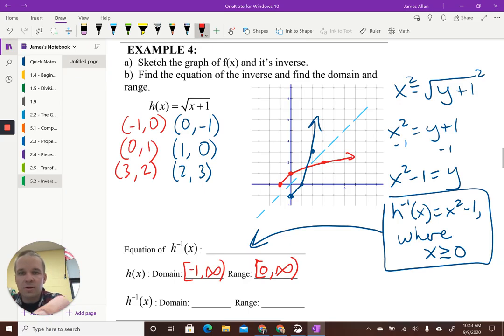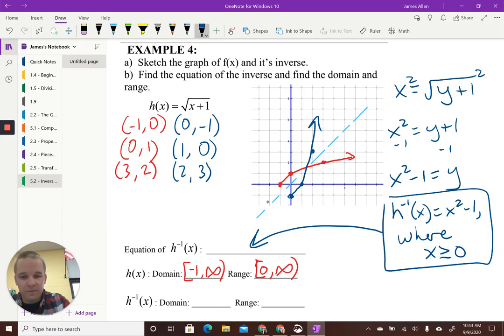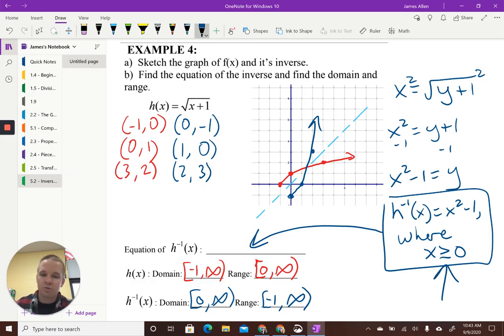And then for the domain of my inverse, we know that those are going to flip-flop, but let's verify it. It starts at 0 for my x values and continues to the right. And then my range, it starts at -1 for my y values and continues going up. Done. Awesome. Main thing here, guys, that domain restriction when you write the function of the inverse, okay?